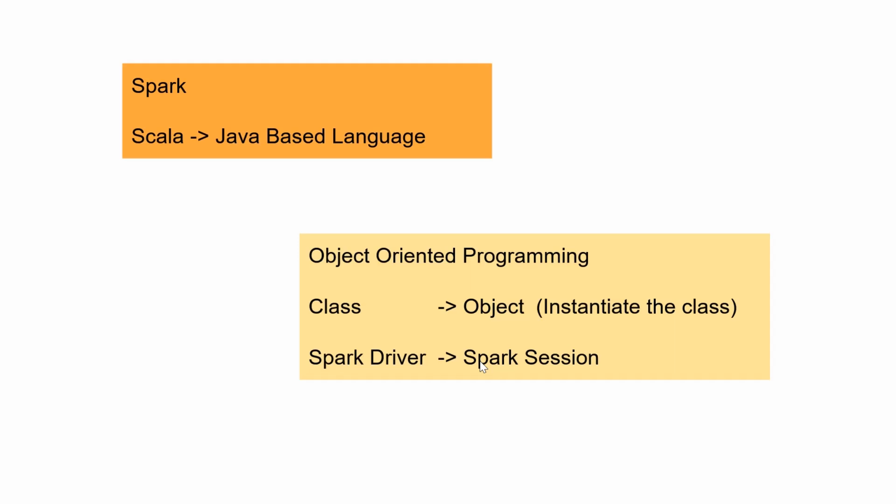Each Spark session is a different object of the same class, but doing different functions. Once you create a Spark session, you can start navigating with the Spark driver, and the Spark driver can start executing the tasks assigned to it through the Spark session.